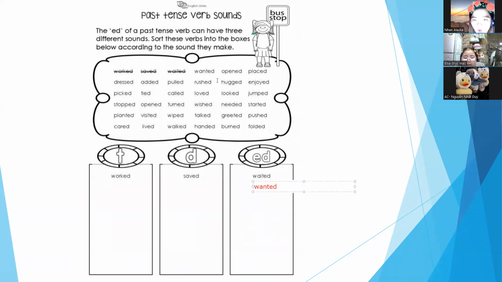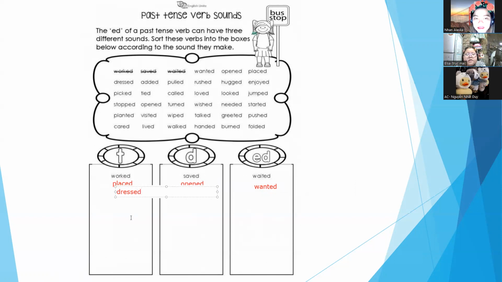Okay, next is opened. The sound is D. Good. Next, placed. Okay. Next is dressed. Good. Next, added.